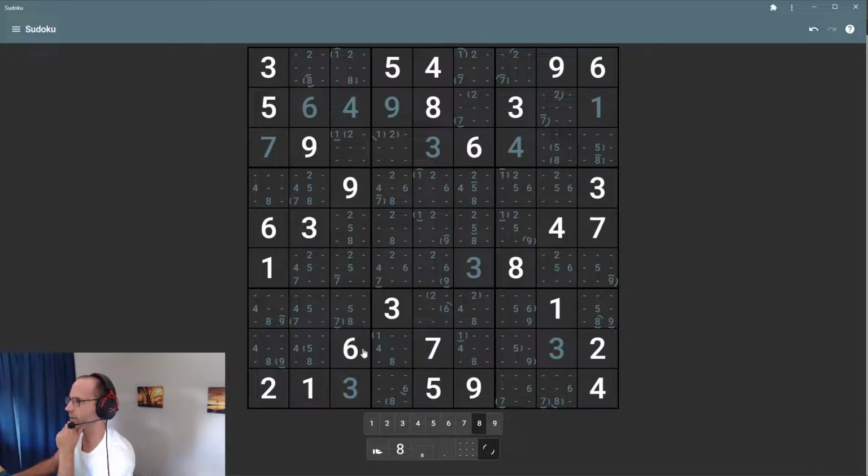So if this was not an 8, we had ended up with an 8 here, an 8 here. That gives us an 8 here. None of that's really penetrating into, let's see, if this is an 8, then that's a 2.